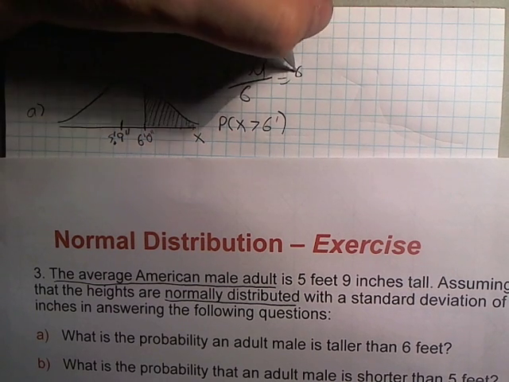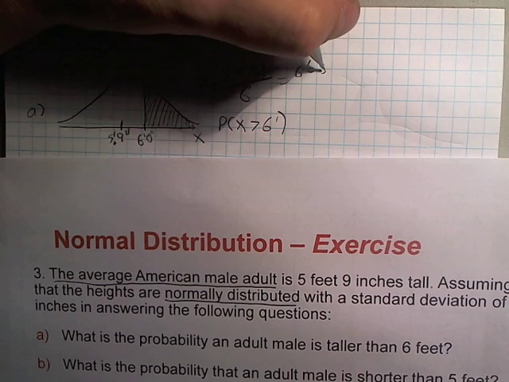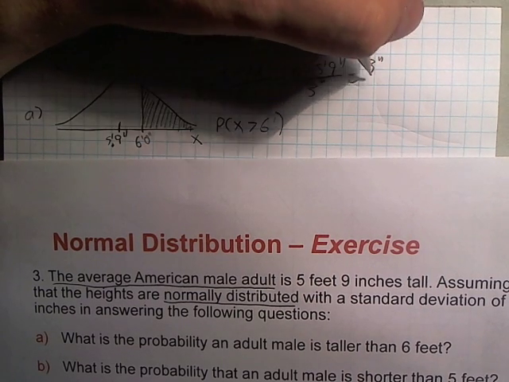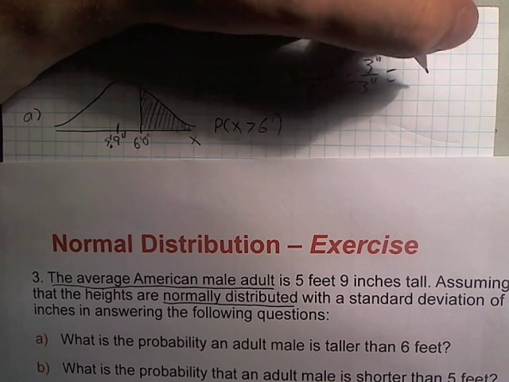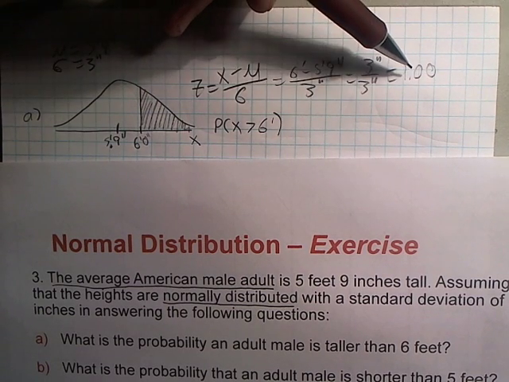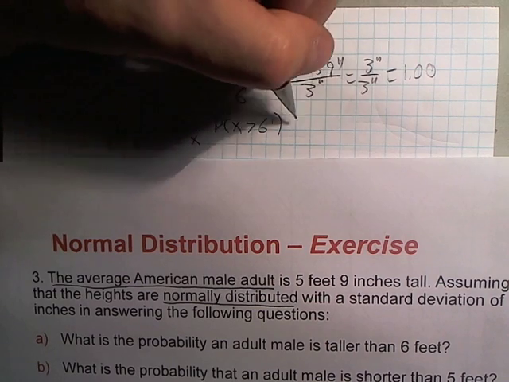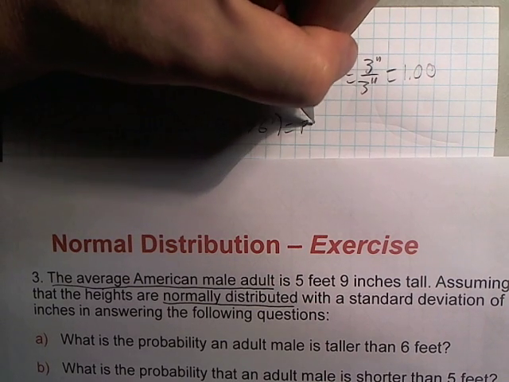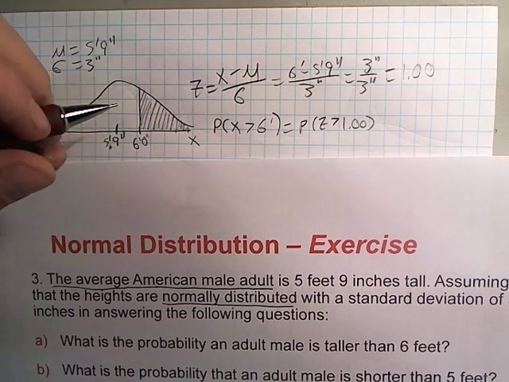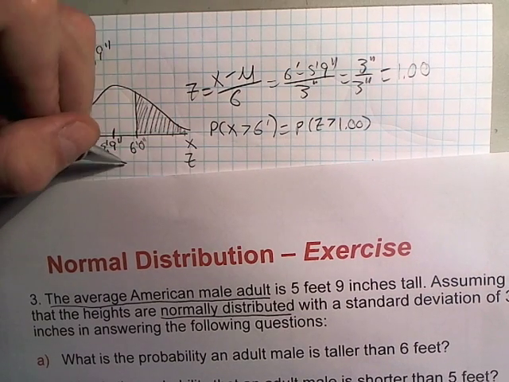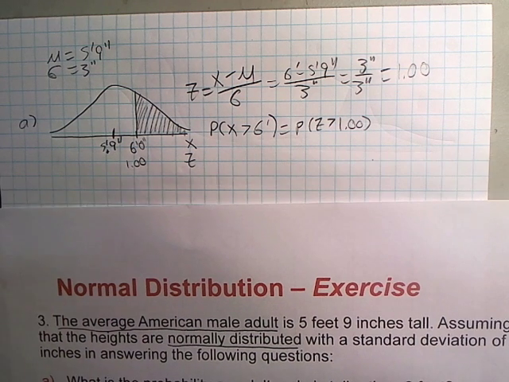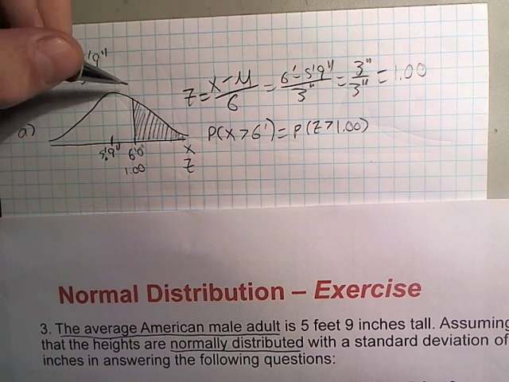In this case, we have 6 foot minus 5 foot 9, divided by 3 inches. This works out to 3 inches divided by 3 inches, and I'm going to write that with 2 decimal points, so our relative z number is z greater than positive 1.00. I'll go ahead and note that on the drawing here.